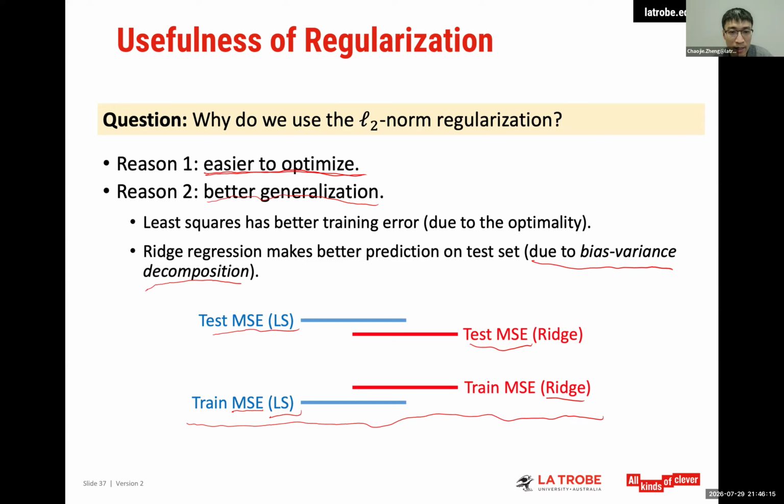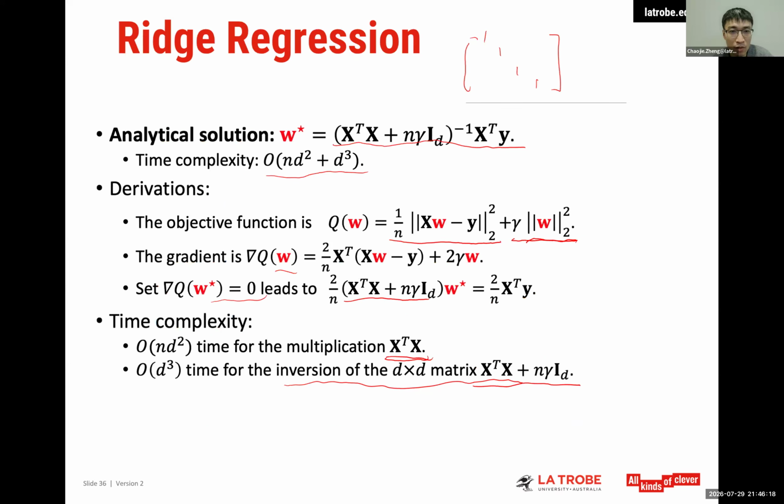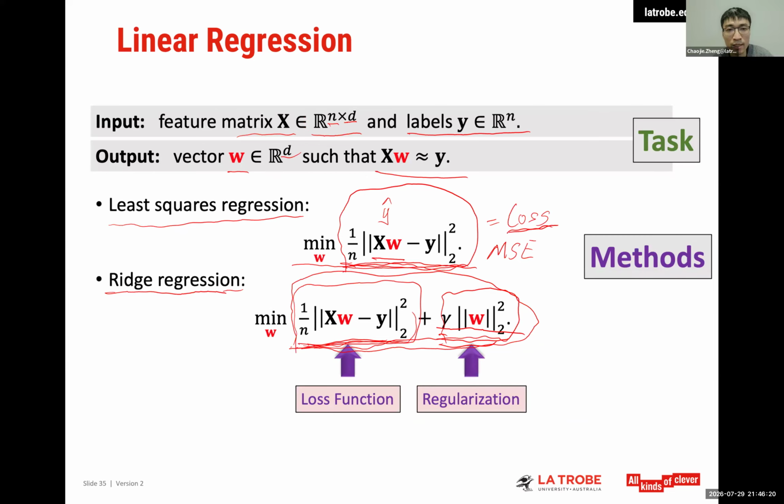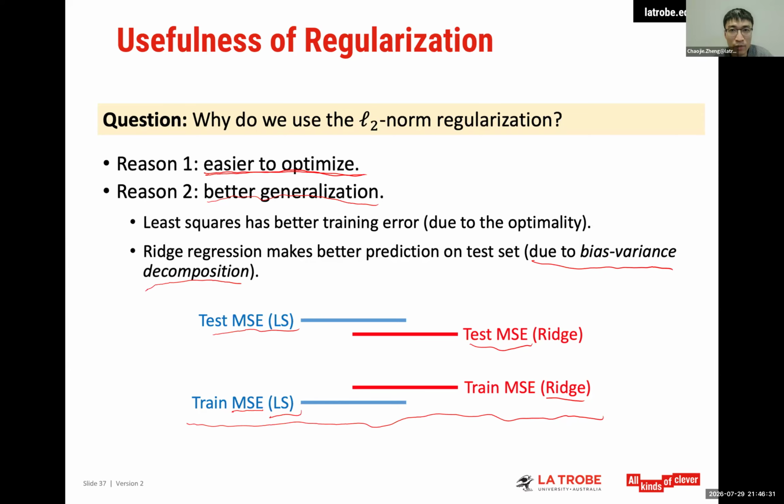So previously, we know that this term is the mean squared error, right? And previously we have seen how to identify the overfitting and underfitting problems through this kind of error curve.